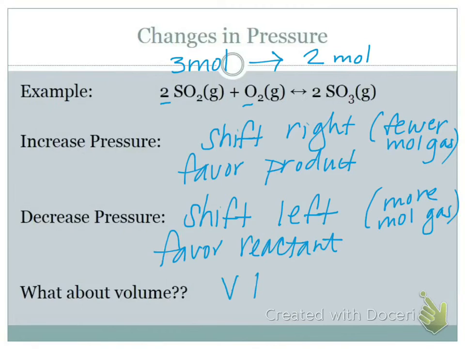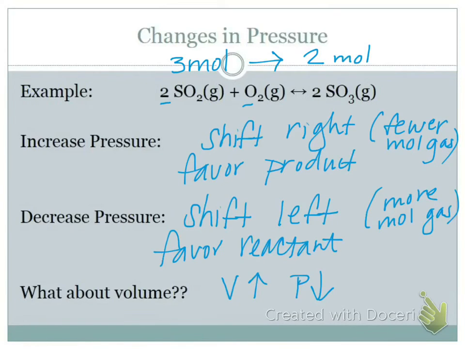If I increase my volume, pressure would decrease, so I would go to more moles of gas. If I decrease my volume, my pressure would increase, so I would shift to the fewer moles of gas. You've got to think of it that way, because it affects the equilibrium in that direction.